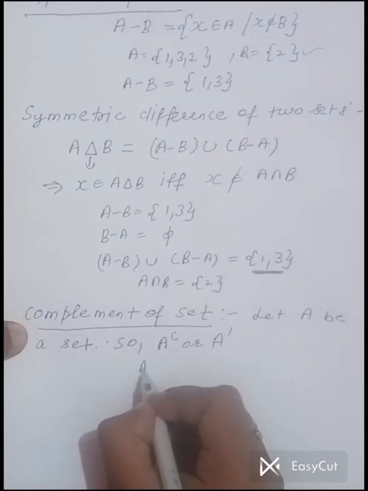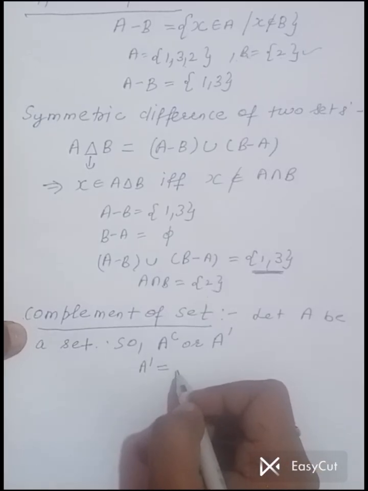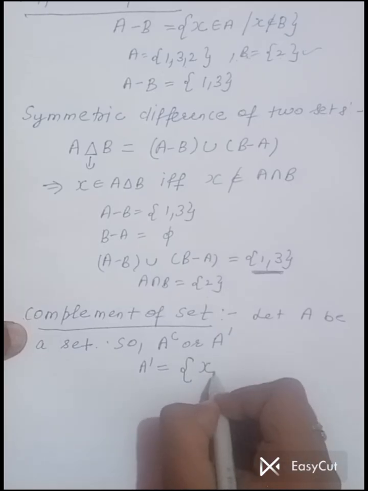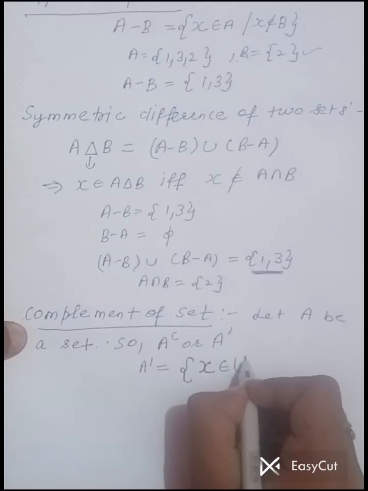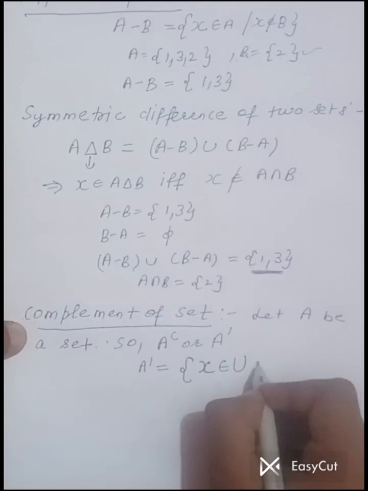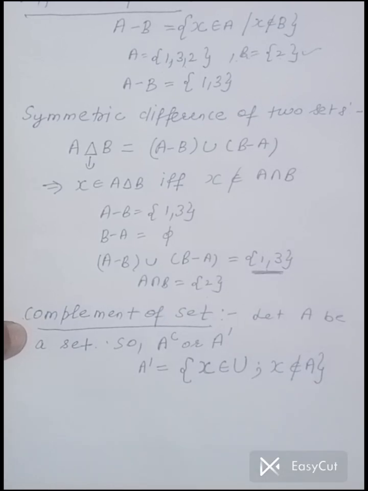So what is A dash? A dash is the set of all elements that are not in A. So it is the set of all elements X that belong to U such that X does not belong to A. Okay.